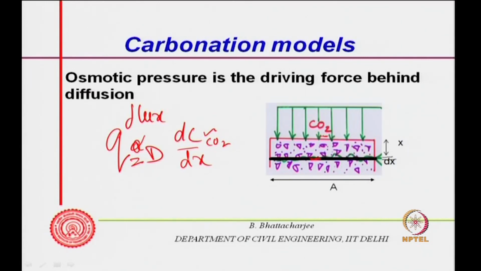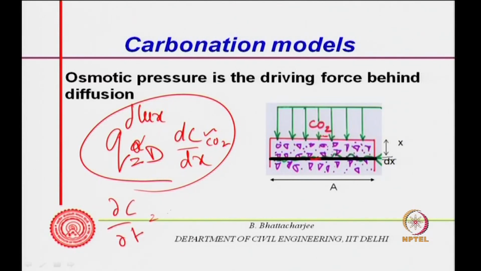Now, this is what is Fick's diffusion law, and if you are looking at the mass balance, then you will get the rate of change of concentration with time, which will be given as d²c/dx². It is a diffusion equation, like the heat diffusion equation; quite a number of diffusion equations follow this.